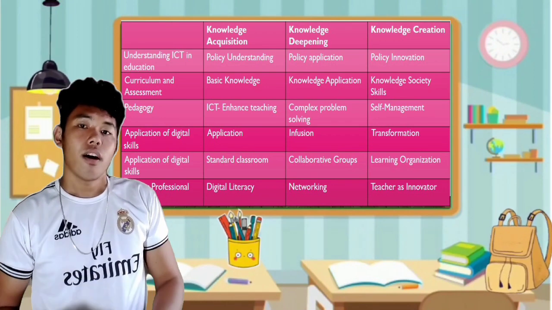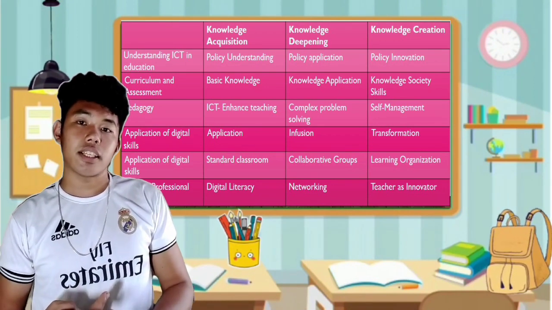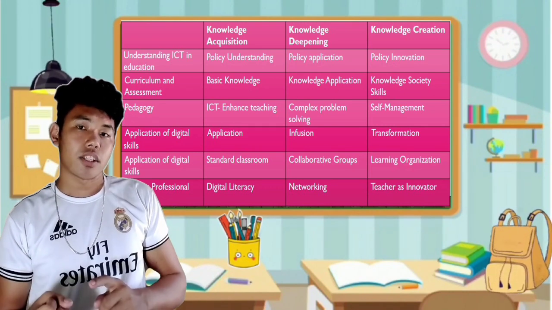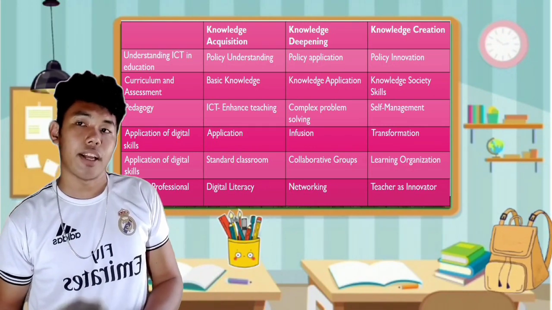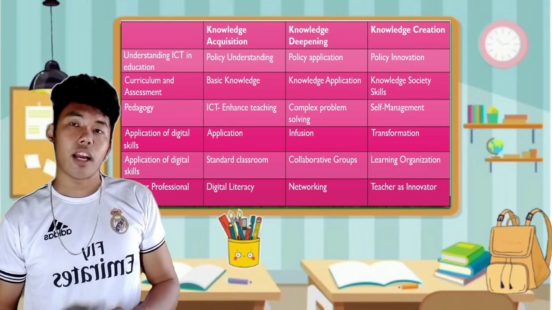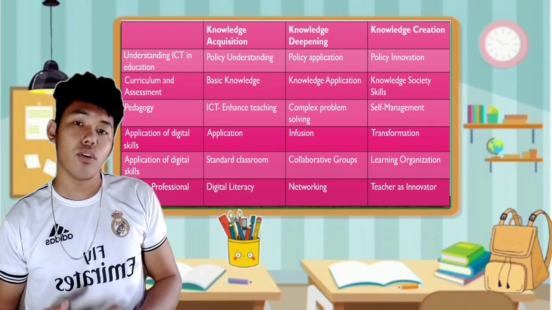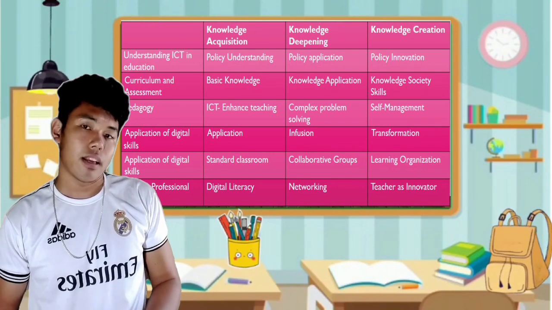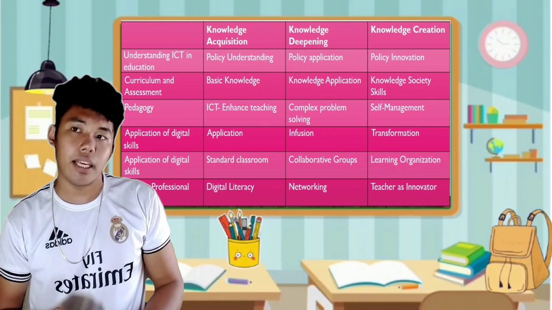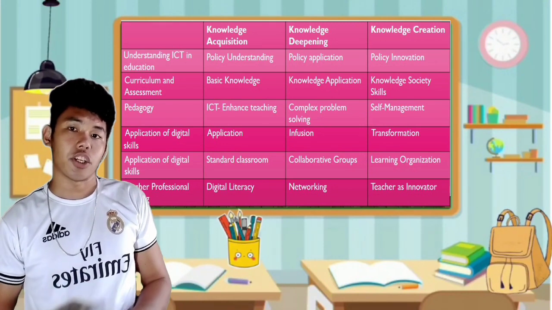Third is pedagogy. Fourth is application of digital skills. Fifth is organization and administration. And sixth is teachers' professional learning. Across these 6 aspects of work are the 3 approaches of teaching based on human capacity development. These are knowledge acquisition, knowledge deepening, and knowledge creation.